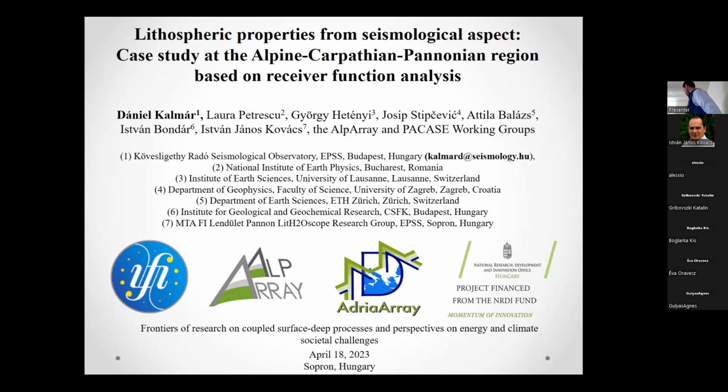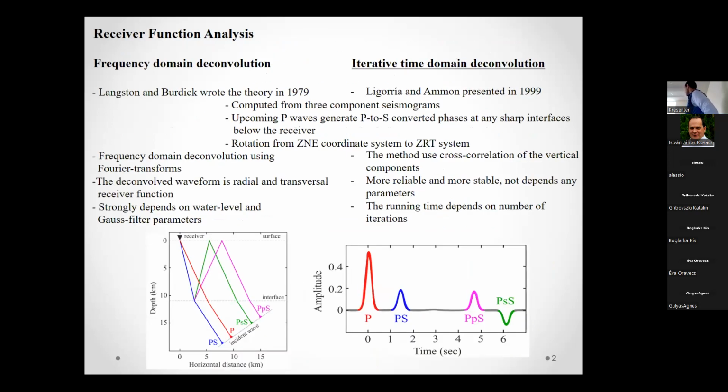So the first question is, what is the receiver function analysis? Receiver function analysis is the best method if you want to describe the seismic discontinuity beneath the receiver, so beneath the seismological station and the wider region of the seismological station. Of course, this depends on the investigated waveform type.